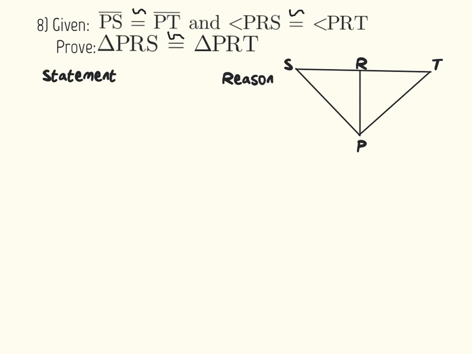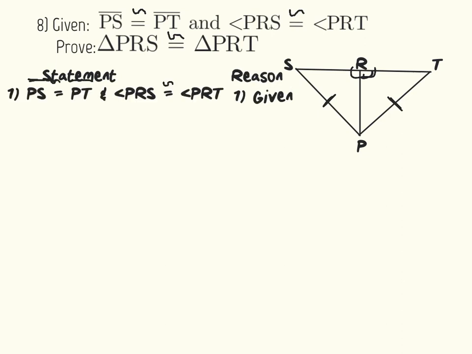So let's mark what I know first. In my given statement, PS is the same as PT, and angle PRS is the same as angle PRT. So that's my given statement.